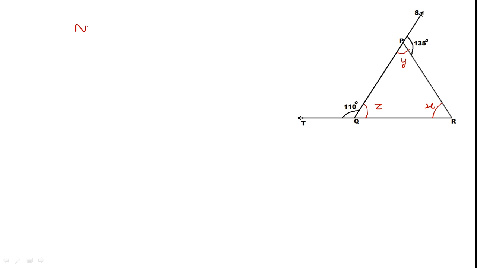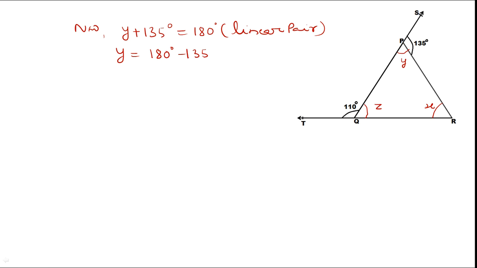Now angle Y plus 135 degrees is 180 degrees. What is the reason, students? Because this is a linear pair, angles formed on the same line. So Y comes out to be 180 degrees minus 135 degrees. The value of Y will be 45 degrees.